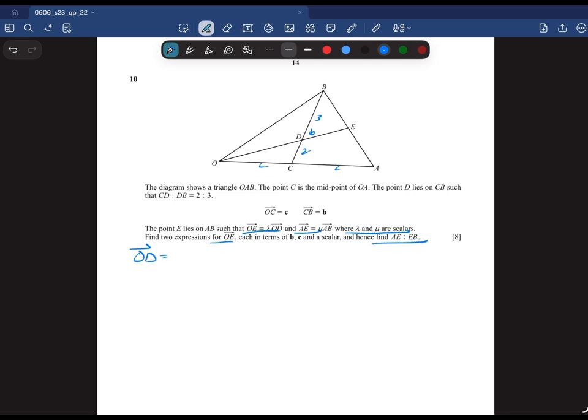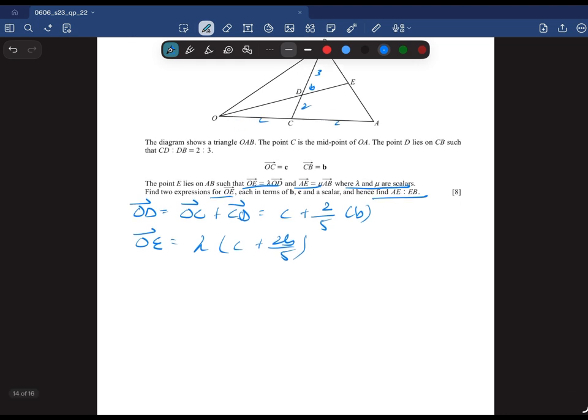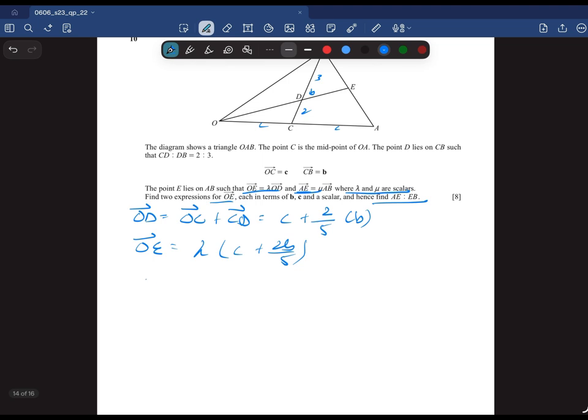OD will be equal to OC plus CD. That will be equal to c plus 2 over 5 b. And OE is lambda times c plus 2b upon 5. We got that first equation. Moving on, finding the second equation for OE, we can use this given relationship.